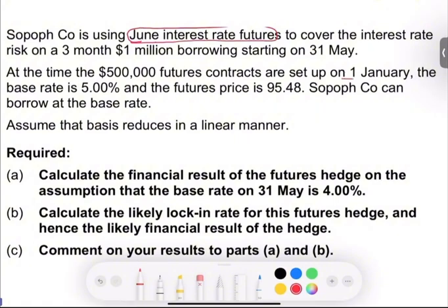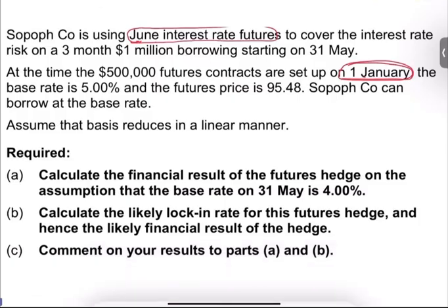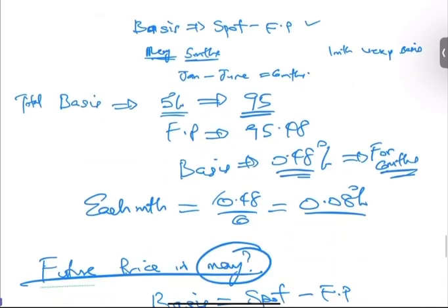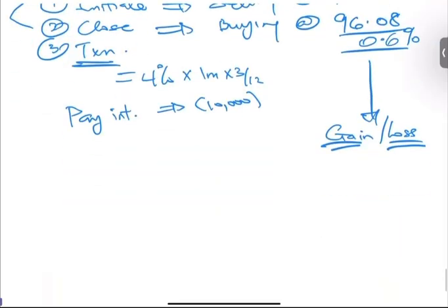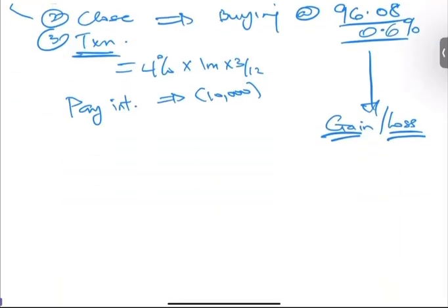That's why, initiating on January 1st for a contract that expires in June, that's 6 months. You need to understand that not all the time is it clearly stated that this is a 6 month future. So if the contract is for 6 months, tell me what's the gain or loss?